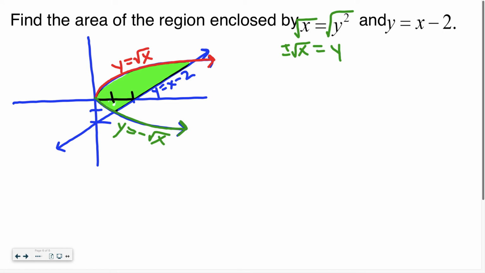Okay, so what's our top function for this region? Radical x. What about our bottom function?